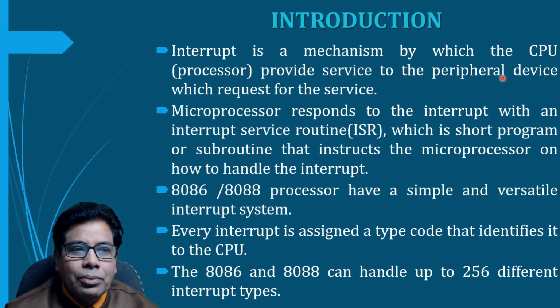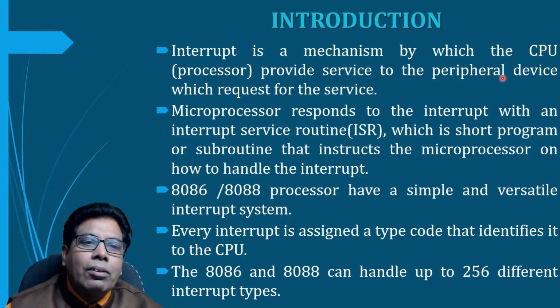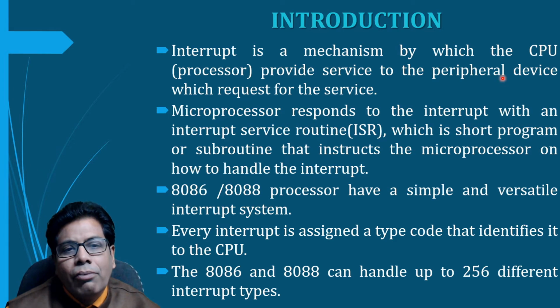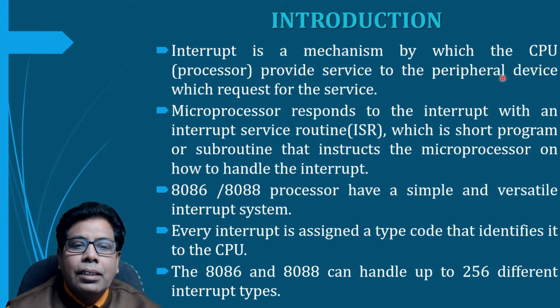As you all know, interrupt is a method or mechanism by which the CPU provides service to the peripheral device which requests for the service. Whenever the peripheral device needs service from the CPU, it will request the CPU. This request will come on the interrupt lines, and the CPU or microprocessor will respond to the interrupt with an interrupt service routine or interrupt procedure.